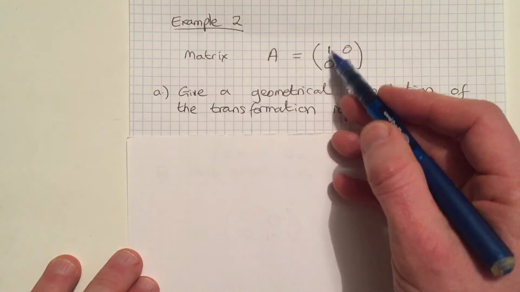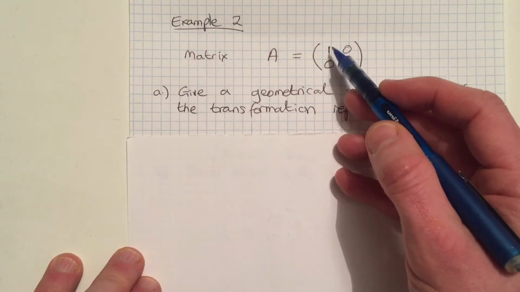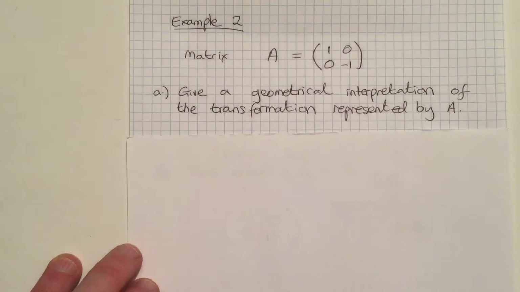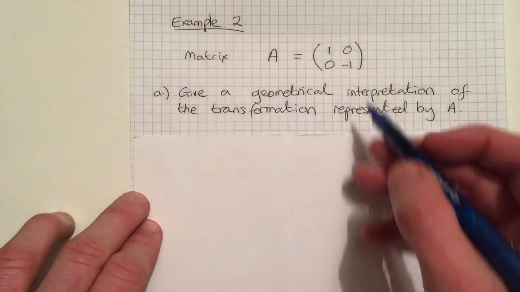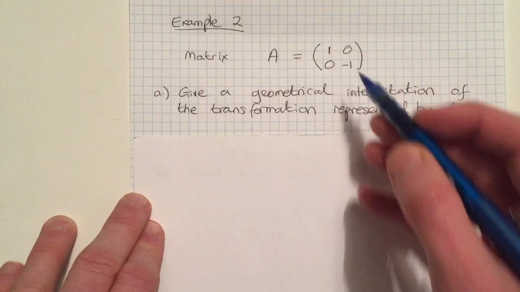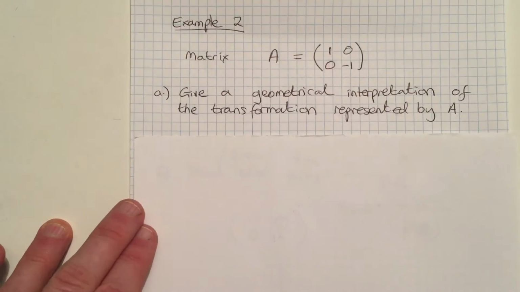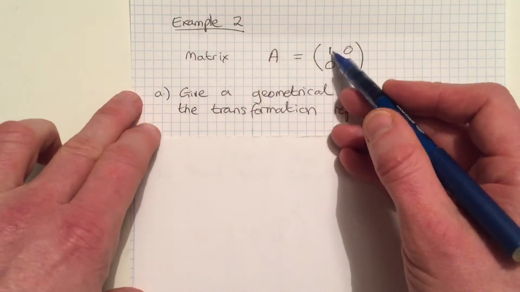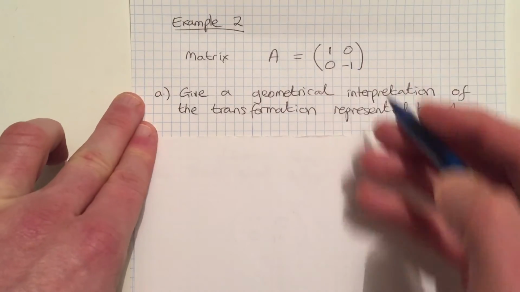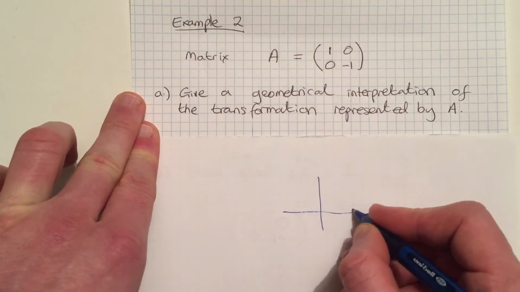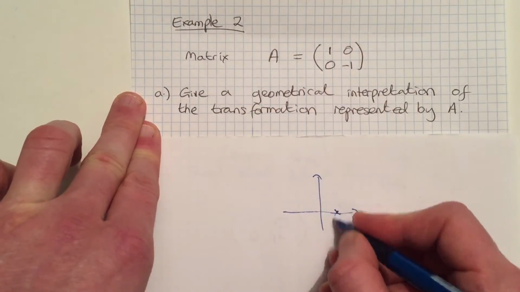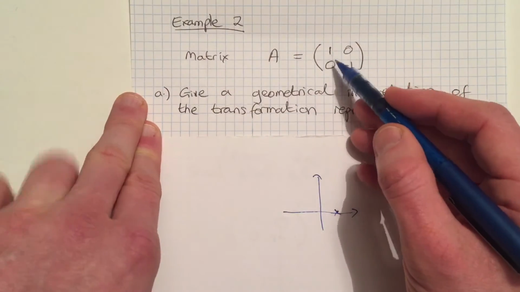So just remember that this column represents what happens to the coordinate 1, 0, and this column represents what happens to the coordinate 0, 1. So this is saying that the coordinate 1, 0 stays at 1, 0.